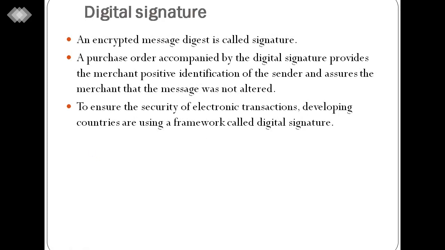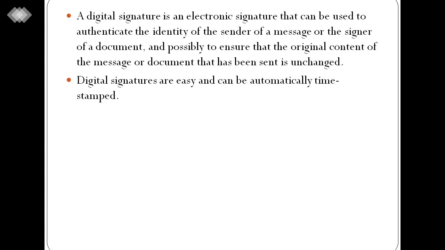To ensure the security of electronic transactions, developing countries are using a framework known as digital signatures. They are digital signatures of the users which can be checked from a security point of view. This is all about protecting client computers and transaction integrity in e-commerce.